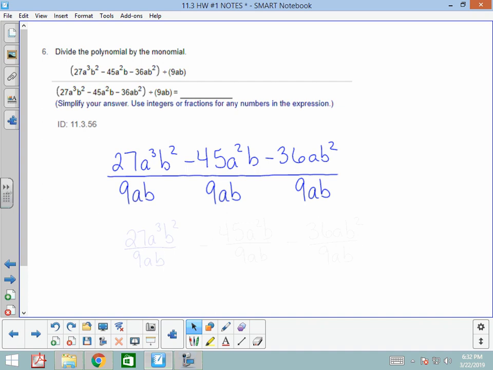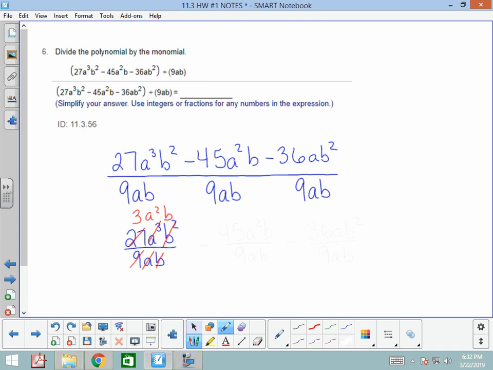All right, so first fraction, and this time we just have multiple variables. So we're doing the same thing. 27 and 9 both divide by 9. And the a's will become a squared, and b squared divided by b is b. So those are all positive exponents whenever I subtract. So they all stay in the numerator with the 3.